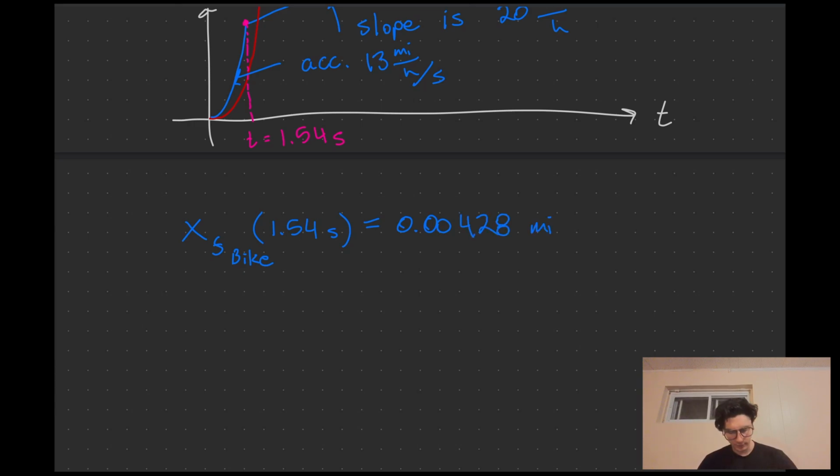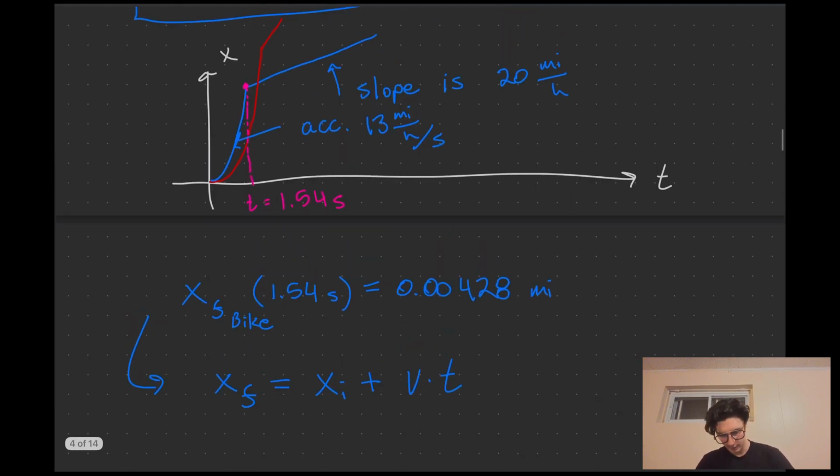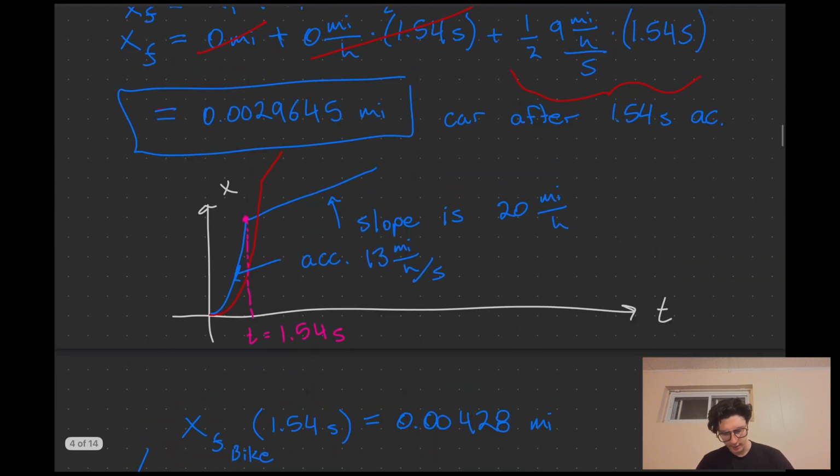And then after this, the bike is going at constant velocity. So its function of time is going to be equal to its initial position plus its constant velocity times time. This is the straight line function that I have represented right over here, right?